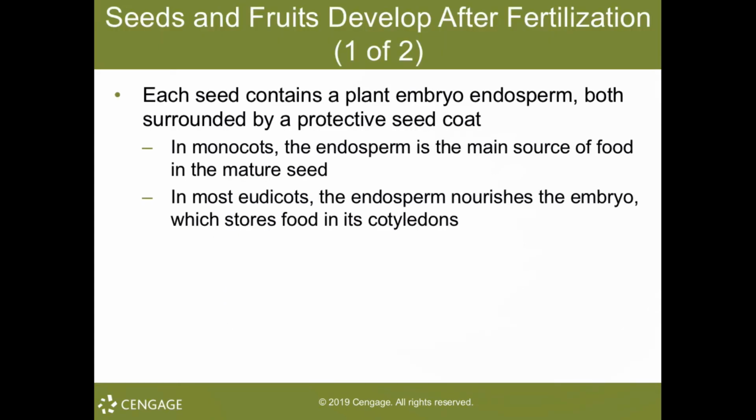So each seed contains a plant embryo and endosperm, and both are surrounded by a protective seed coat, that multicellular seed coat. In monocots, the endosperm is the main source of food in the mature seed, as opposed to dicots, in which the endosperm nourishes the embryo, which is stored in its seed leaves, those cotyledons, the two seed leaves it has.